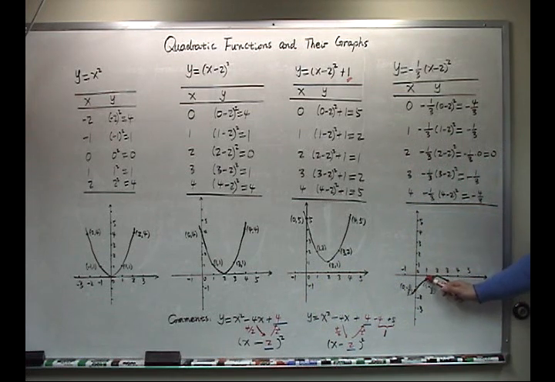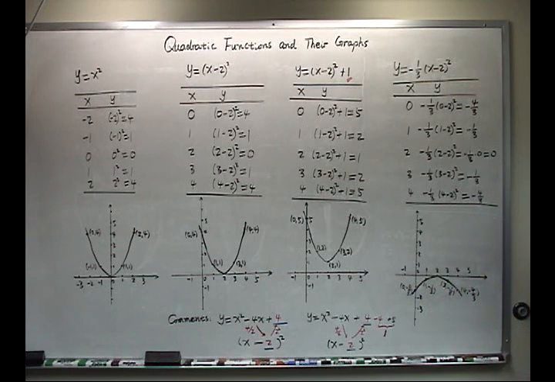So 1, 2, 3, 4 for x, and the y value is negative 4/3. That's negative 1 and a negative 1/3. Negative 1 is here, and then add another 1/3. So it's roughly here, the fifth point. So we have 1, 2, 3, 4, 5 points. We connect them, like that.